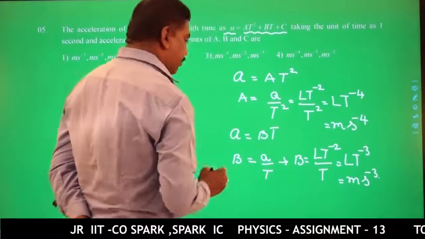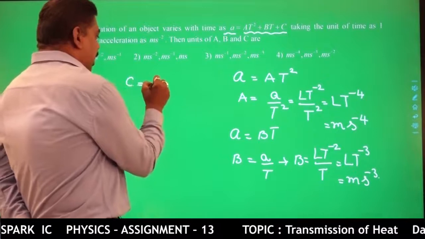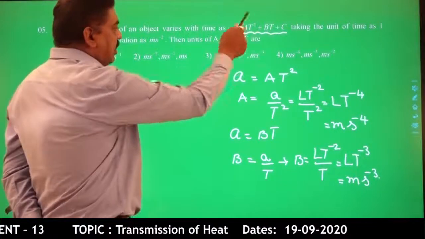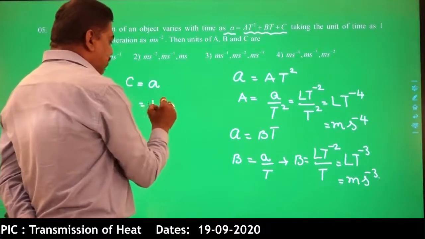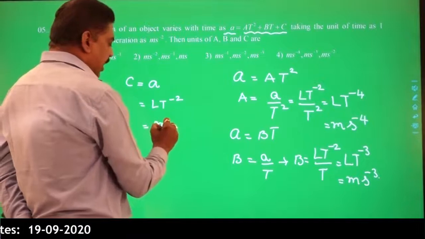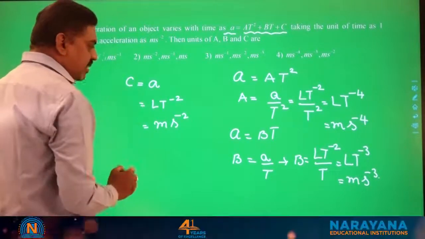Got the idea? Okay. Then last term, C is equal to a. Last term is given as C, C is equal to a. a is L T power minus 2, directly. So L means meter, time is second inverse 2. So C is having m s to the power of minus 2.